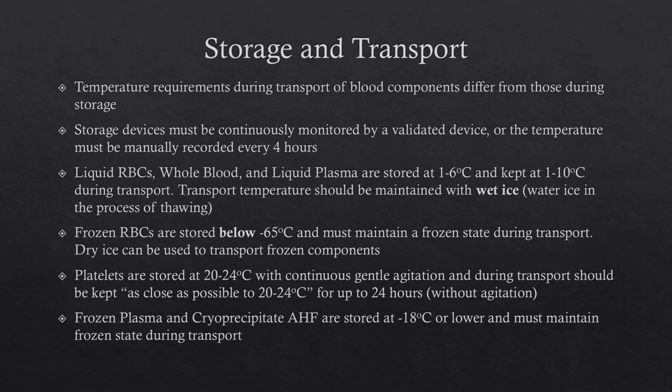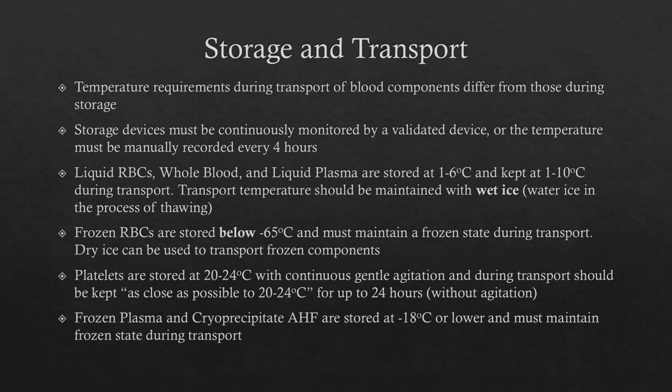So the different blood components sort of break down into categories. Think about your liquid cold, your liquid room temp, and then frozen red cells, and then frozen plasma. And those all kind of fall into certain categories.